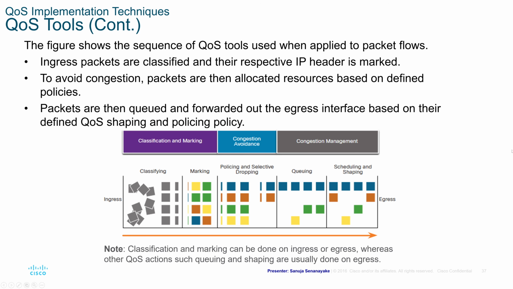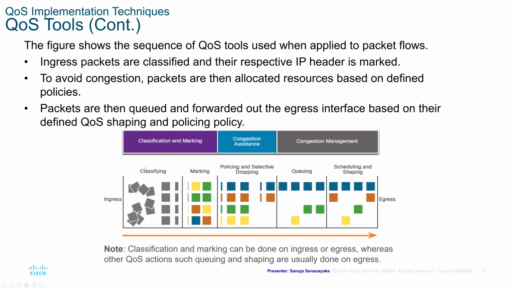On the bottom of your screen, you have the ingress interface on the left-hand side and the egress interface on the right-hand side. So the traffic comes in from the left-hand side and exits out of the right-hand side.